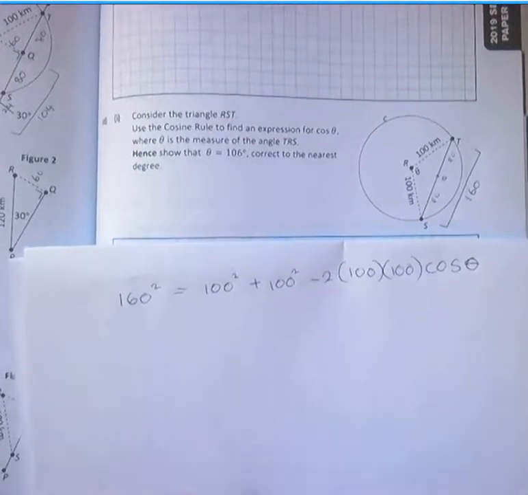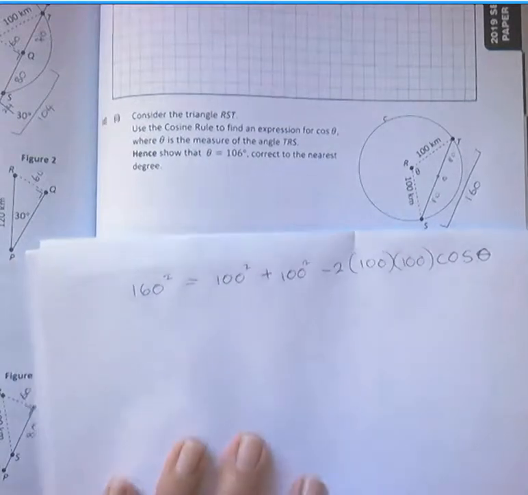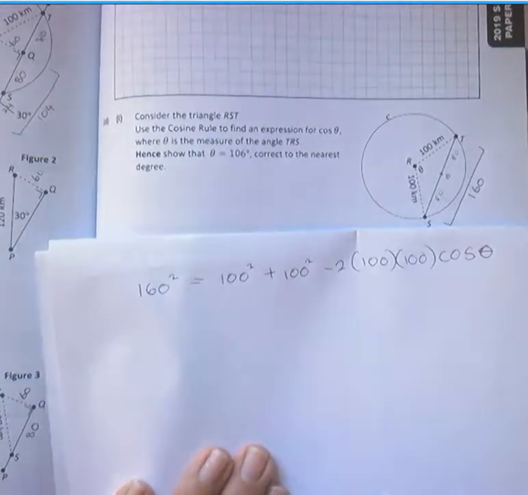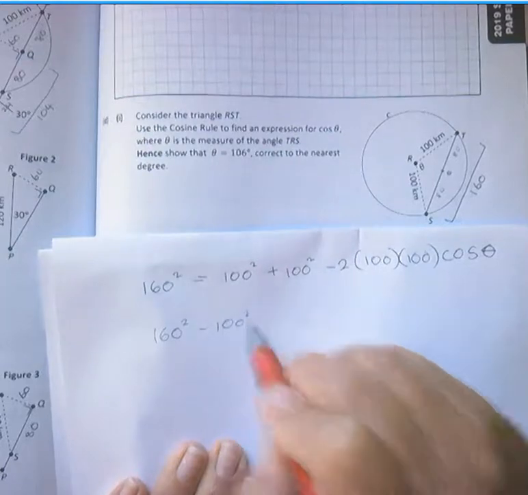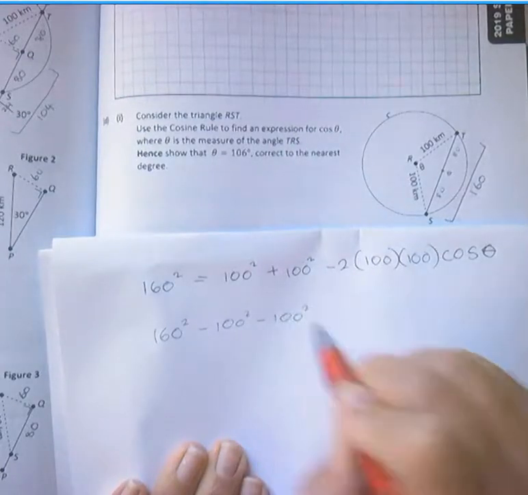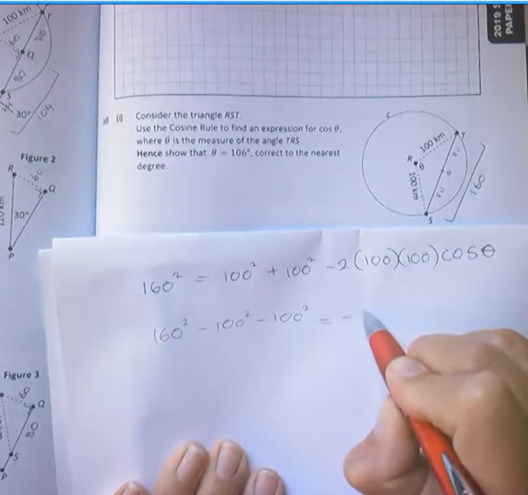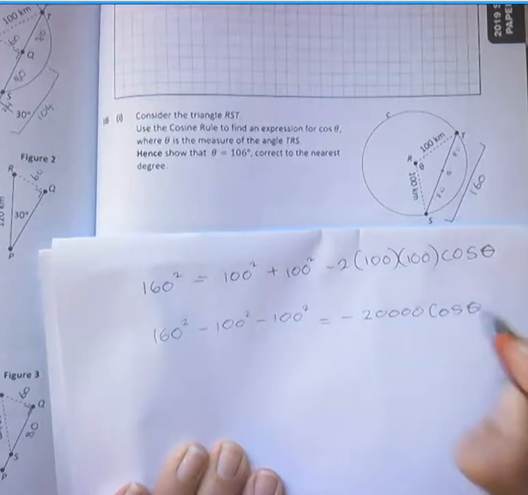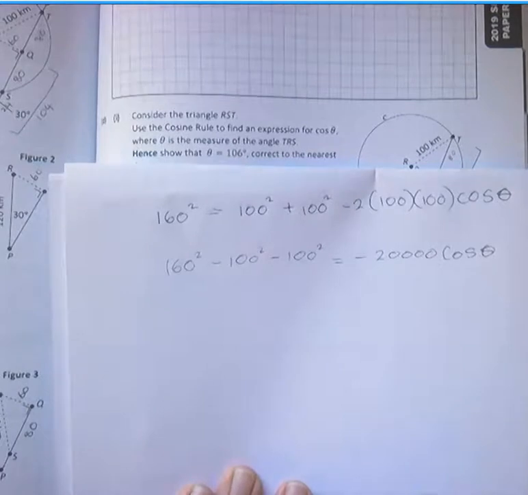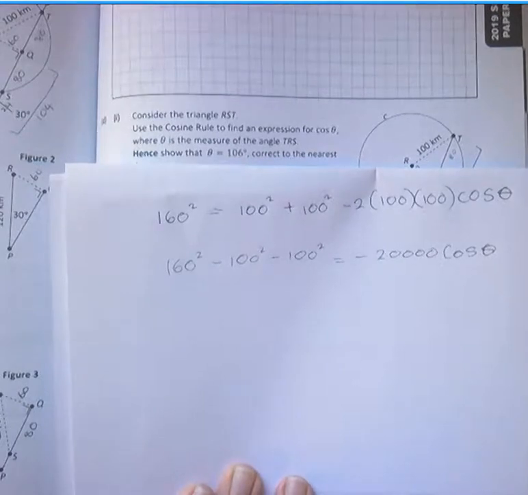Okay, the first step is they want the expression for cos theta, so we're not going to try solve for cos theta yet. You're just going to tidy it up. So when you're tidying it up, you will have 160 squared, take away 100 squared, take away 100 squared, equals to minus 20,000 cos theta.